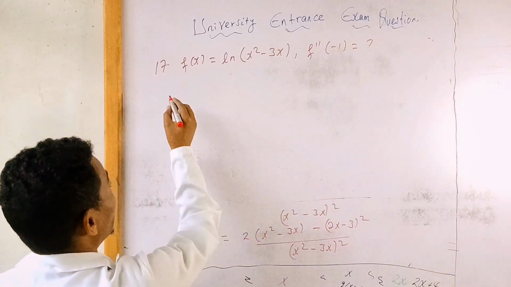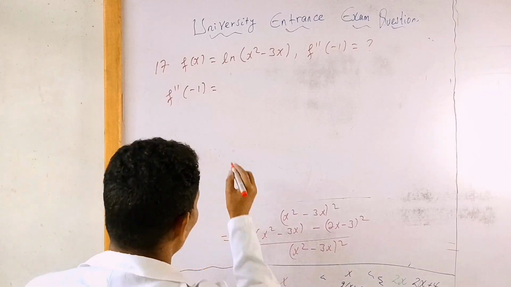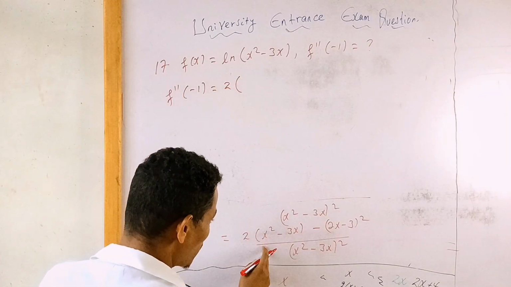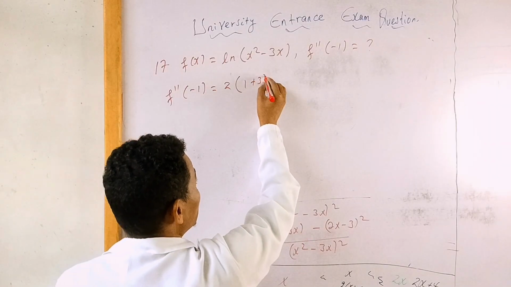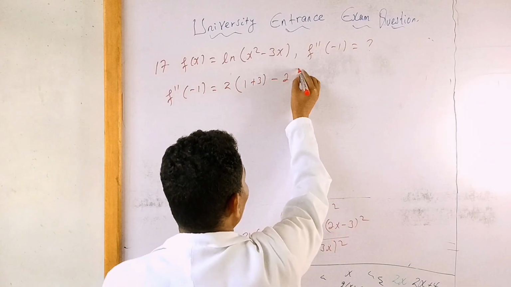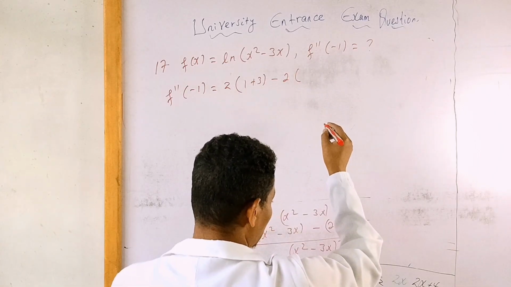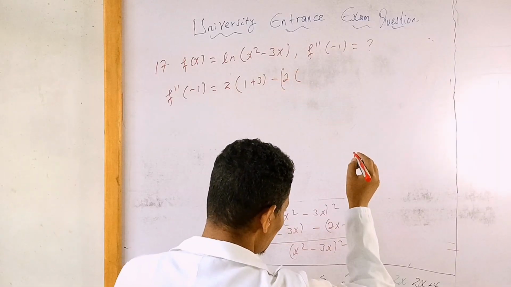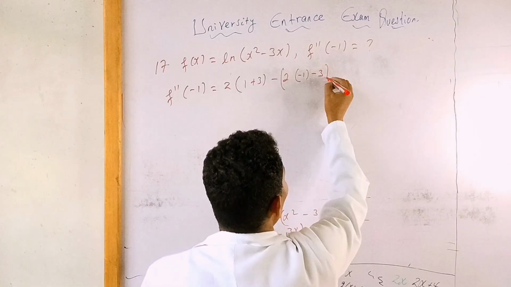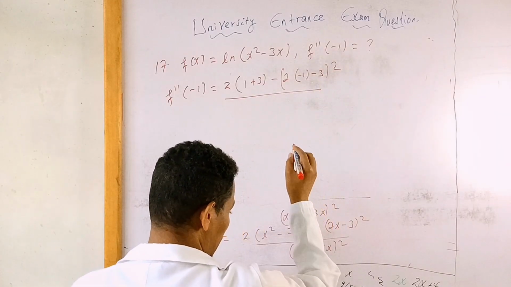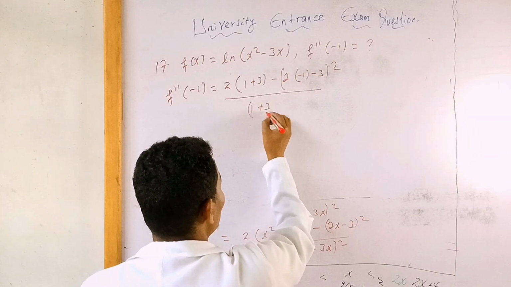So f second derivative at minus 1 is equal to 2 into minus 1 square is 1, minus minus 1 gives plus 3, minus 2 into minus 1 minus 3 the whole square, over minus 1 square is 1, 1 plus 3 the whole square.